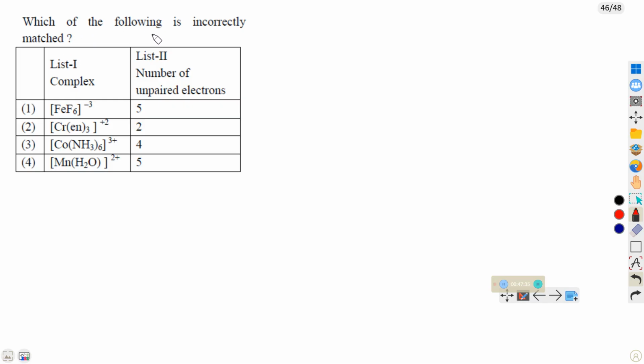Which of the following is incorrectly matched? Okay, the third one is incorrectly matched. Third one, cobalt oxidation state is +3. Argon 4s2 3d7. Remove how many electrons? 3 electrons: 2 from 4s and 1 from 3d.